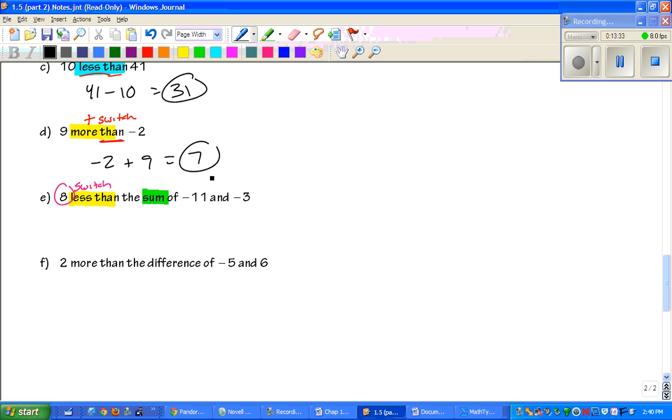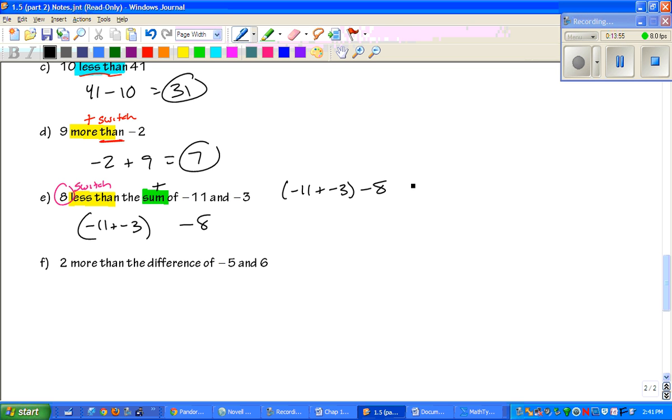So the 8 has to go all the way in the back. And now it's saying the sum. Sum is telling us to add. We're going to add negative 11 and negative 3. And we actually have to put that in the parentheses. Okay? Because we have to make sure that we do that first.